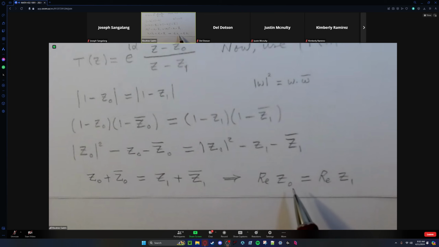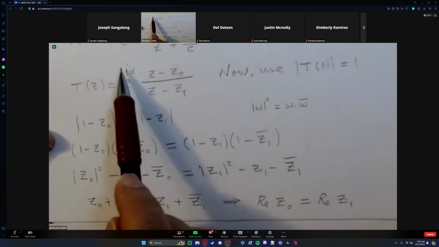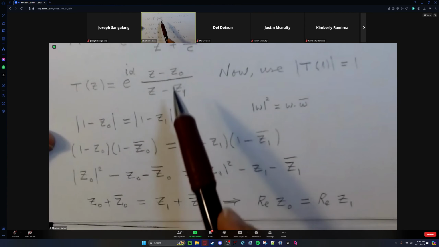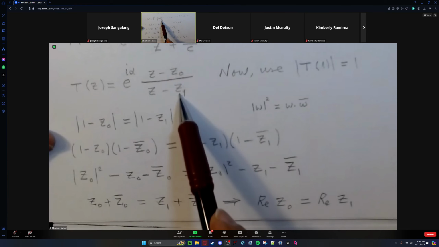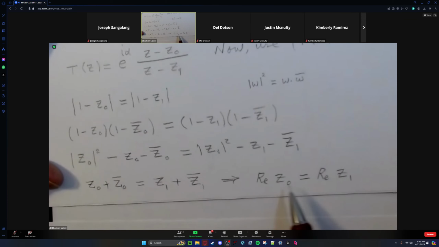So all I know right now is that the linear fractional transformation looks like this. What about this Z0 and Z1? I know that the real parts are the same.